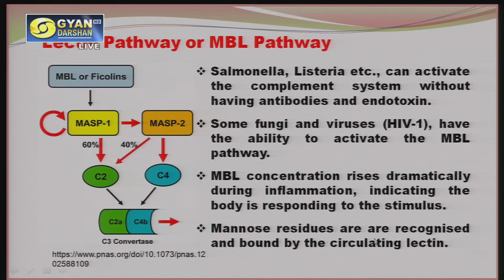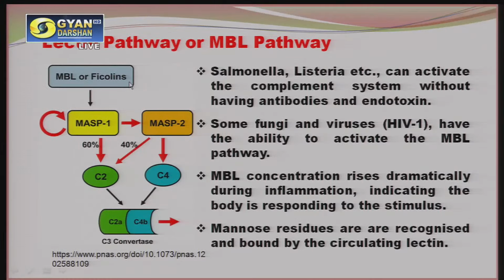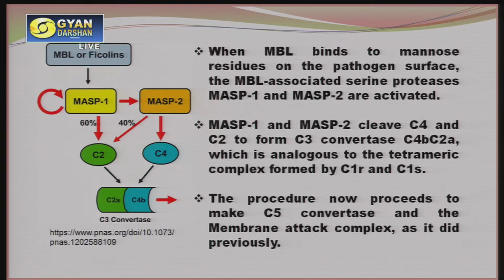Mannose residues are recognized and bound by the circulating lectins. So this is a cascade type of reaction involved in this pathway. Here are the mannose binding lectins available inside the body. They can recognize the pathogens, they can bind to them, and ultimately they will activate.